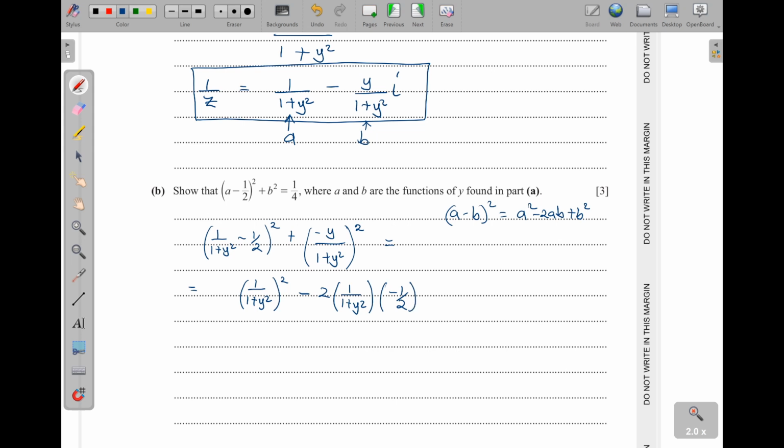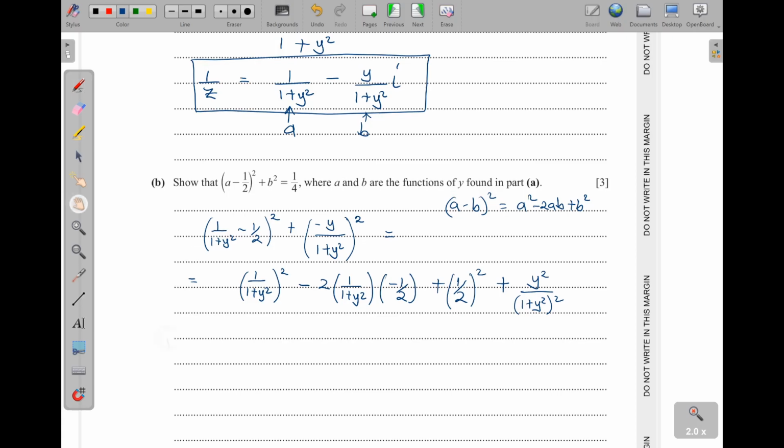See that? And then plus now this a half squared. Then of course for b, when you square a negative, it becomes a positive. So that is y squared out of 1 plus y squared, also squared.